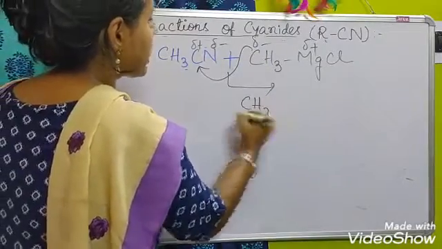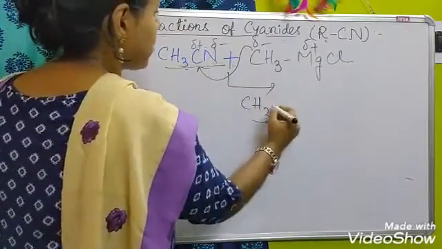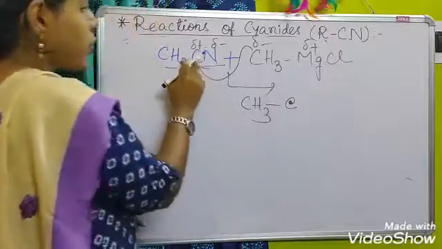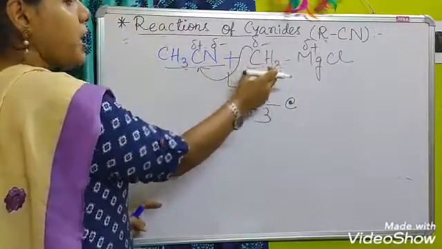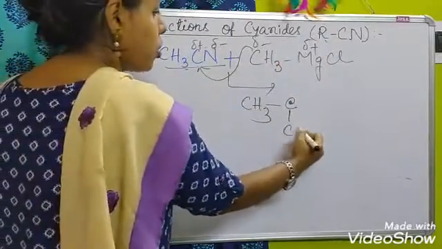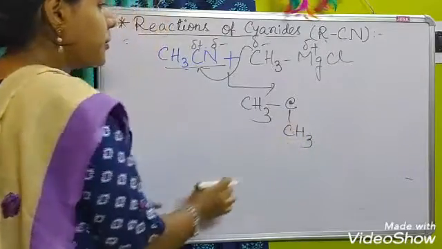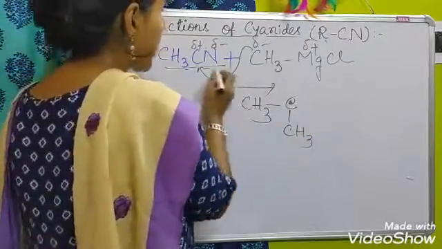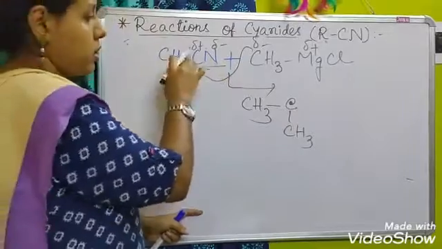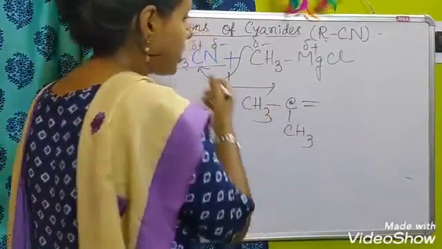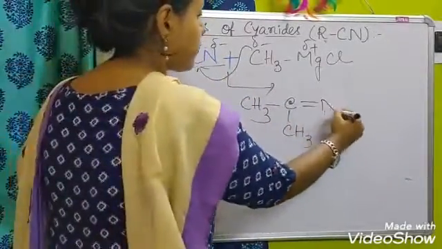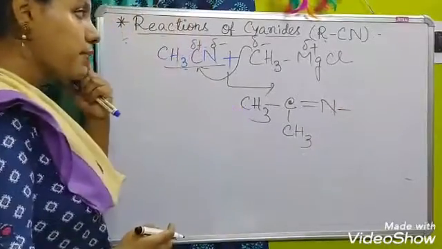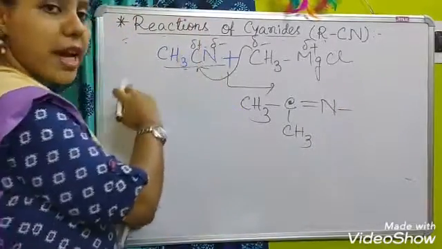So in this reaction, there will be the addition of the CH3 group on this carbon. So it will become CH3 single bond carbon. With this carbon, there will be the addition of this methyl group, so the CH3 group will attach below the carbon. Now this triple bond will be converted into double bond, and the magnesium chloride will be attached with the nitrogen.